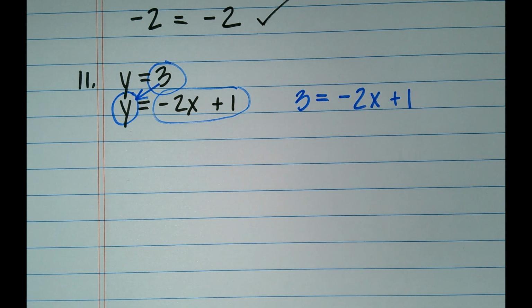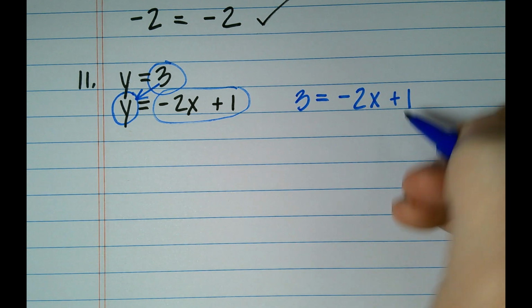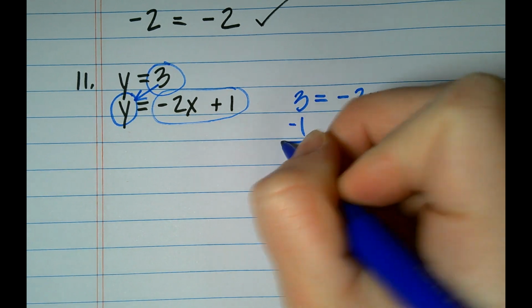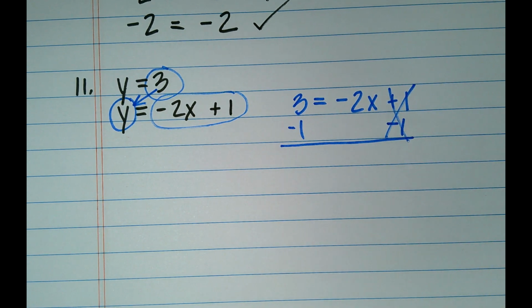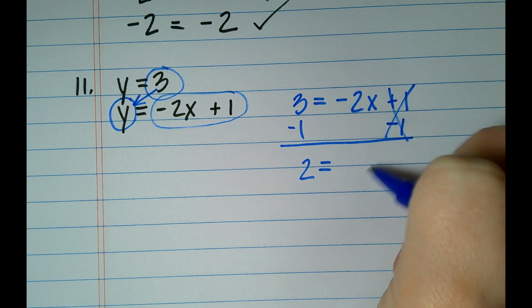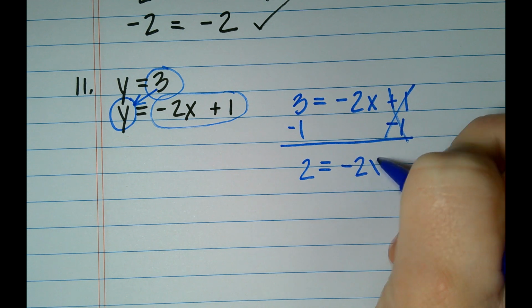How do I solve this? Good. Minus 1 on both sides. Those will cancel. 3 minus 1 is 2. Bring down my equals negative 2x.